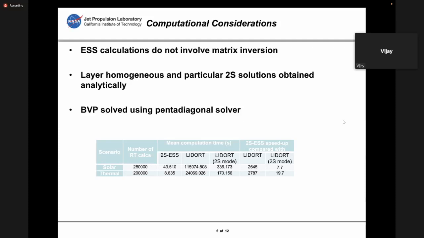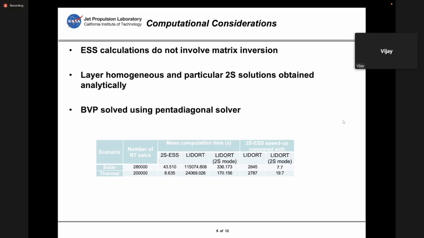So the table here shows the mean computational time for LIDORT in two-stream mode, and 2SESS calculations for realistic scenarios in both the solar and the thermal spectral regions. So roughly you can see, we have on the order of several 100,000 monochromatic calculations. And you can see that there's an average speed up of about 2650 for the solar beam scenarios and 2800 for thermal emission scenarios for 2SESS with respect to LIDORT.